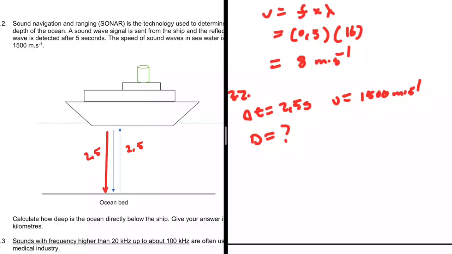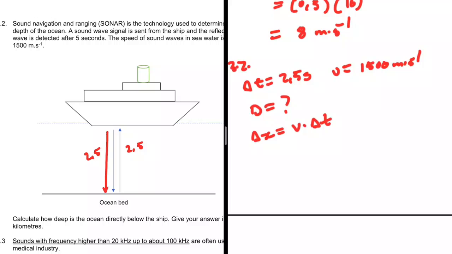So we can say that delta x is equal to v multiplied by delta t. So delta x will be equal to the speed, which is 1,500, multiplied by the time, which is 2.5 seconds. And then when I put that in my calculator, I'm getting 3,750 meters.